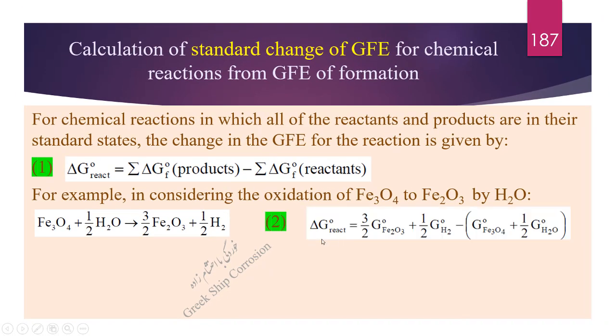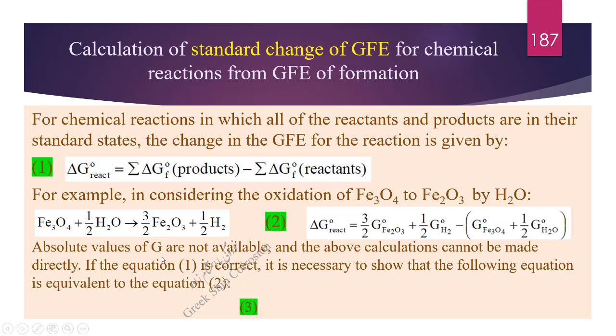The standard Gibbs free energy of the reaction is equal to 3/2 standard Gibbs free energy of Fe2O3 plus 1/2 of the standard Gibbs free energy of H2, minus the sum of the standard Gibbs free energy of Fe3O4 plus 1/2 of the standard Gibbs free energy of water.